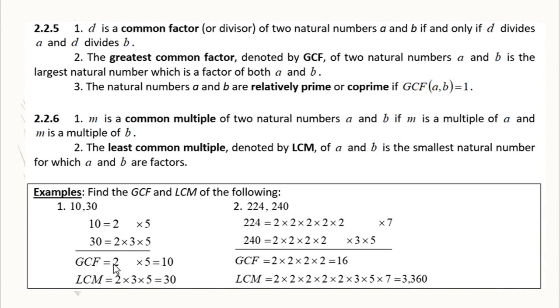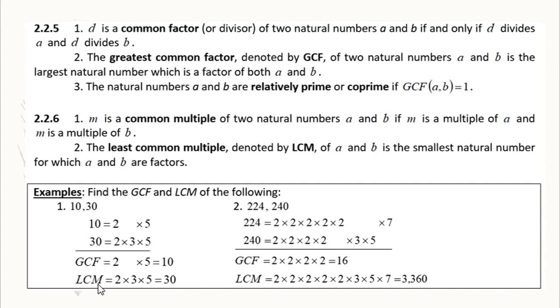So, in finding the GCF, ato lang i-bring down ang common nga factors. Ang 10 naa siya 2, si 30 naa pod 2. So, bring down ang 2. Ang 10 naa siya factor nga 5, ang 30 naa pod 5. So, bring down ang 5. So, ang GCF, i-multiply lang nato ning duha. 2 times 5 is equal to 10. So, the GCF of 10 and 30 is 10.